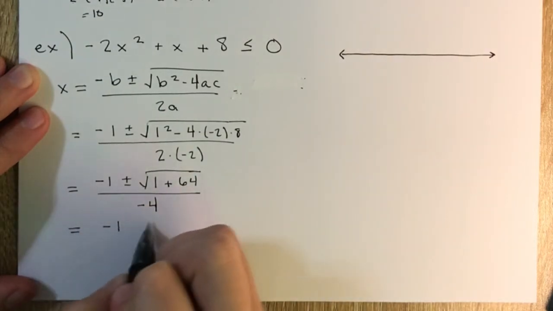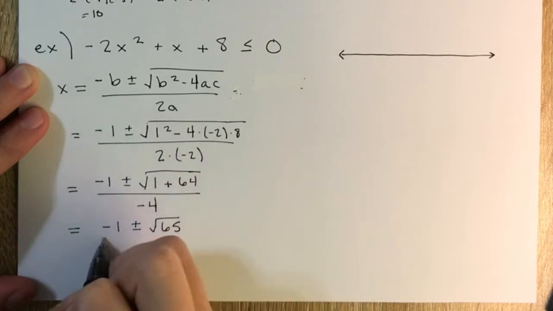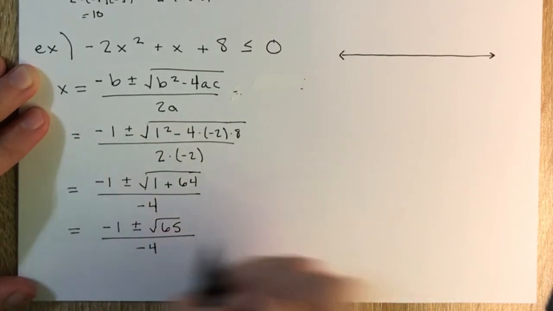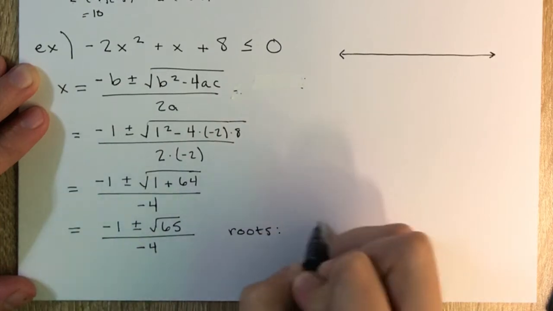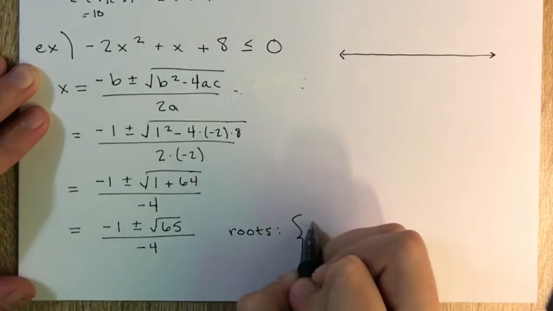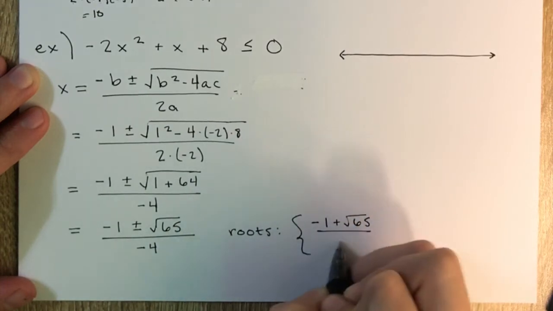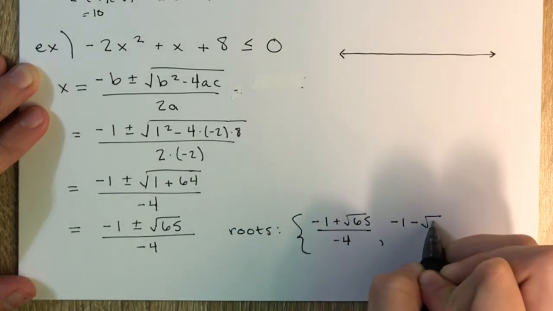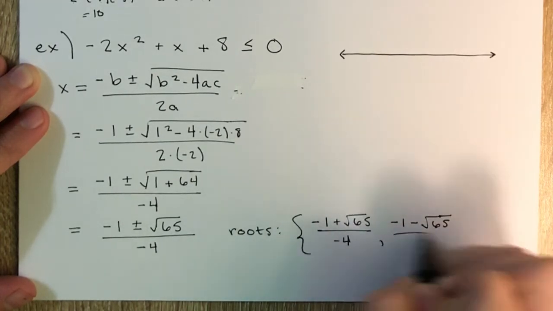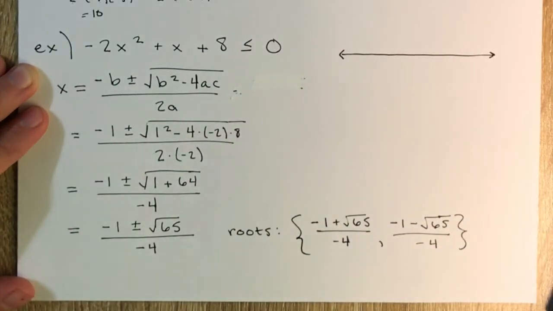So we've got negative 1 plus or minus the square root of 65, divided by negative 4. So we have two roots: negative 1 plus the square root of 65 over negative 4, and negative 1 minus the square root of 65 over negative 4. They're ugly, but they're our roots.